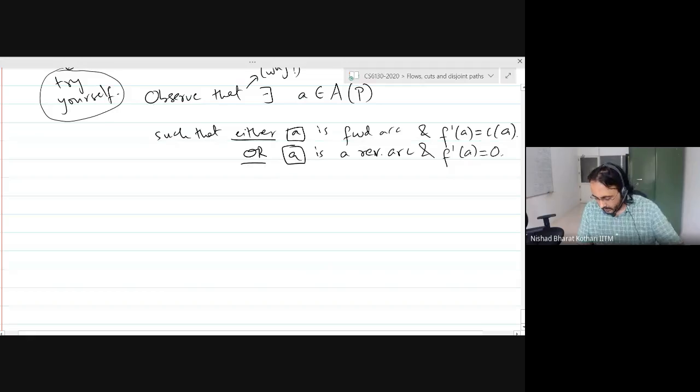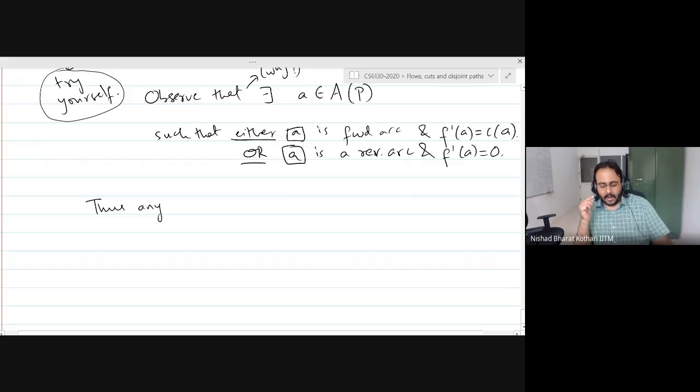Good. So the claim is that, well, if the arc is at capacity, then in the new auxiliary digraph, the forward direction will not exist. It will only be the reverse direction. Alternatively, if it is a reverse arc and the flow is zero, then in the new digraph, only the forward direction of that arc will exist. Okay?